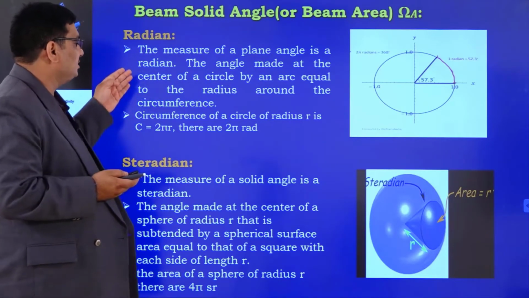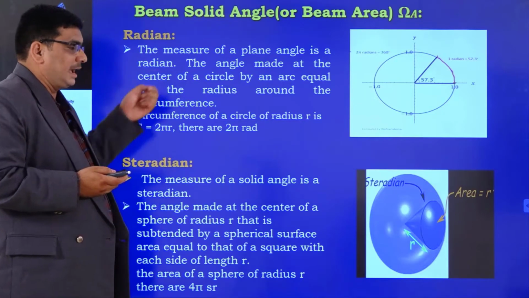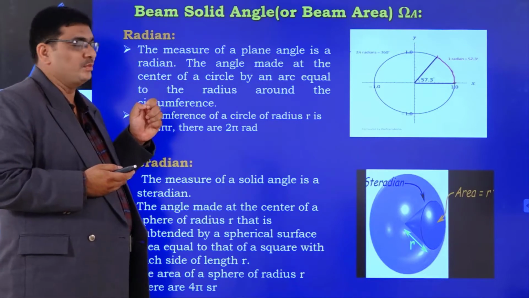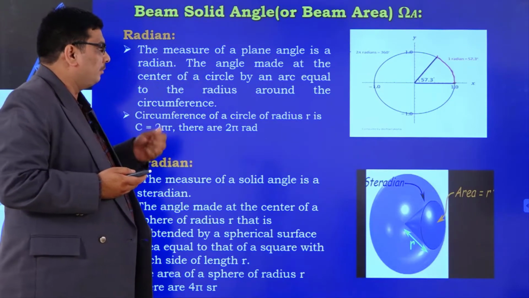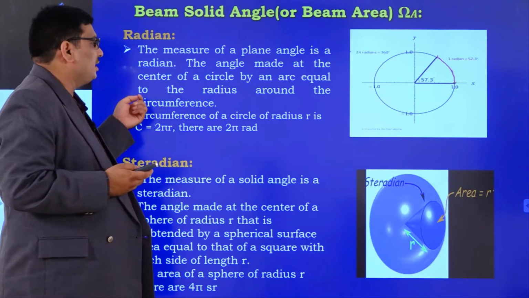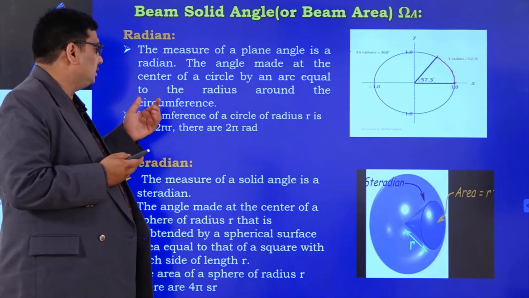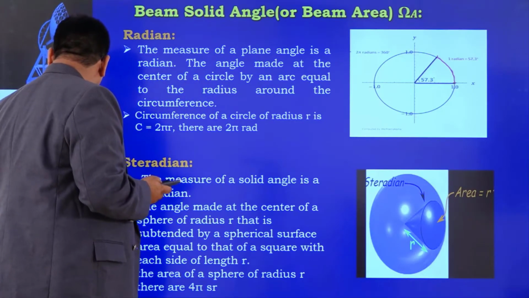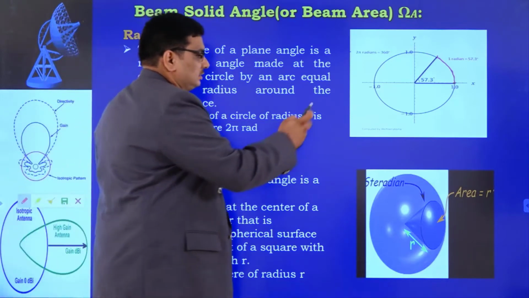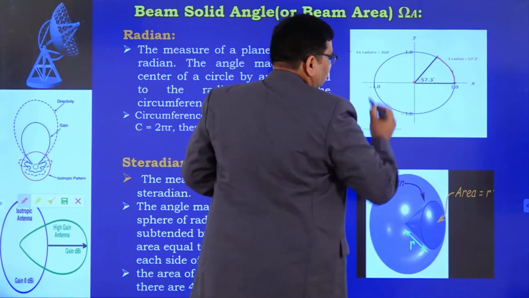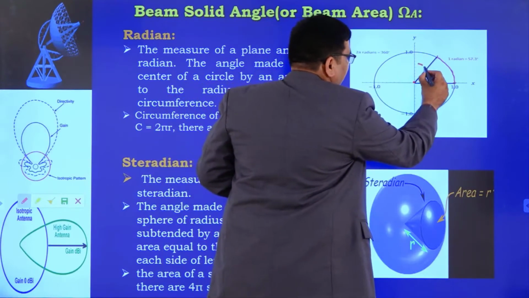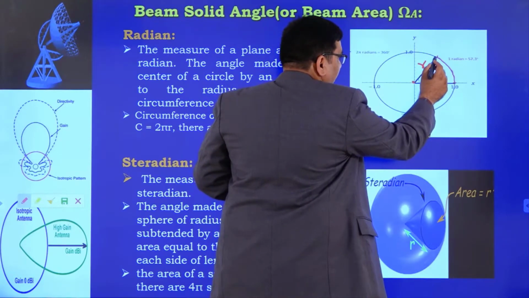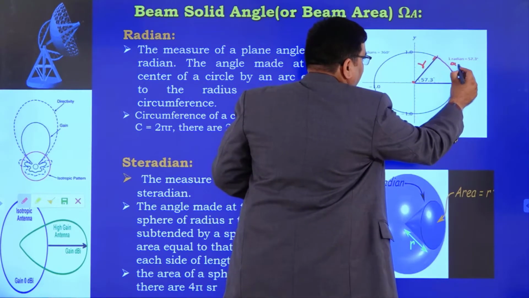So, how can we define the radian? The angle made at the center of a circle with a radius of r by an arc equal to the radius. Suppose this is the center point, this is the radius, and this is the arc length.